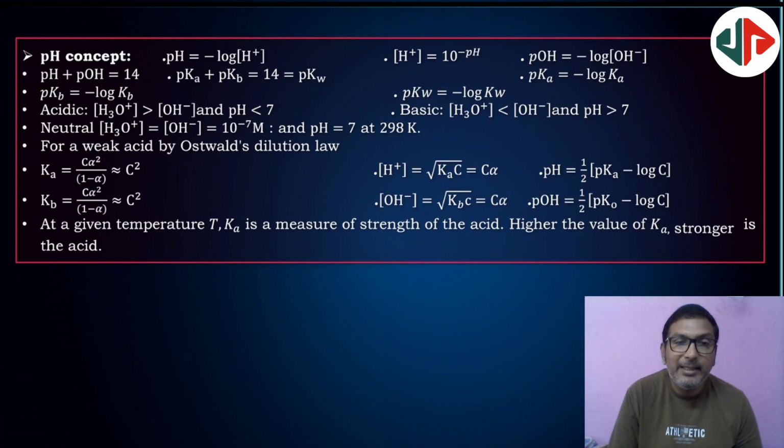Next, for weak acid by Ostwald dilution law, Ka equal to C alpha square by 1 minus alpha, that is simply C alpha square.